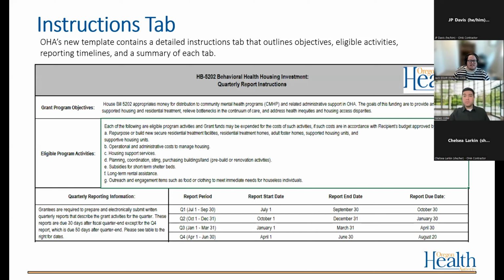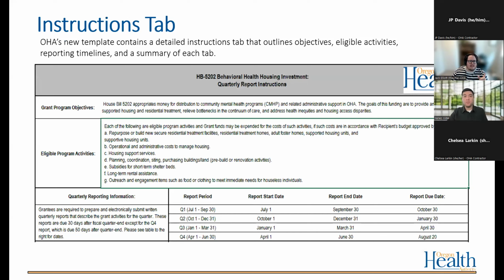All right, so this is what the first tab of the new report looks like, the new reporting document. This is the instructions tab. OHA's new template contains a detailed instructions tab that outlines objectives, eligible activities, reporting timelines, and a summary of each tab.